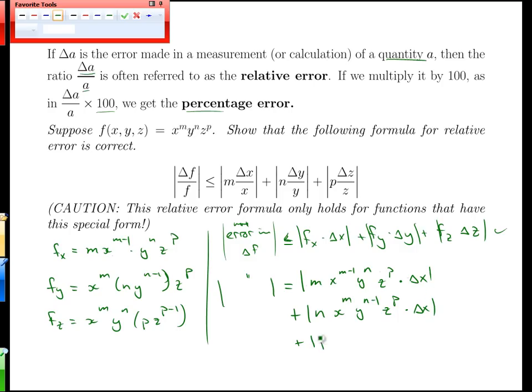And last but not least, the p, x to the m, y to the n, and one lower power of p, times delta z.